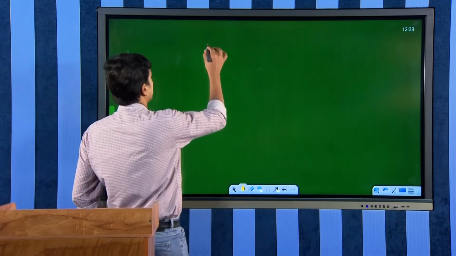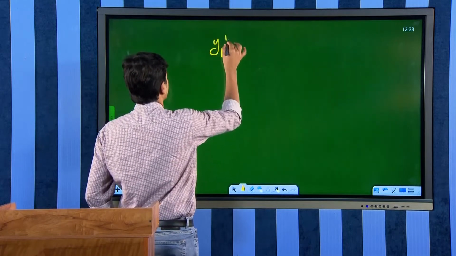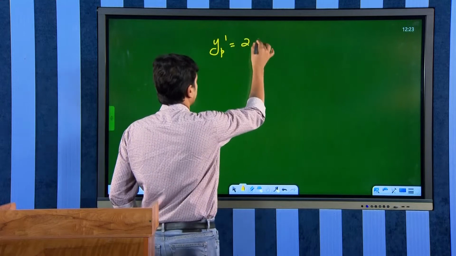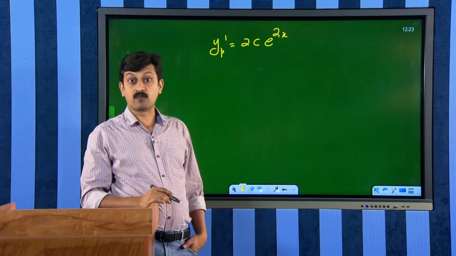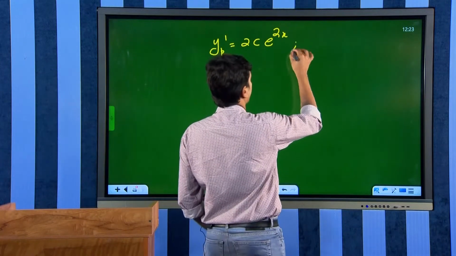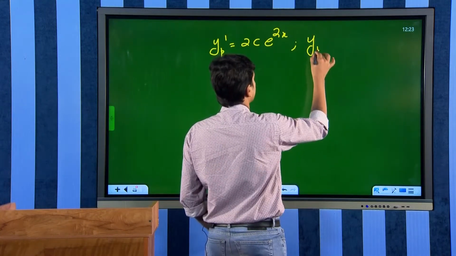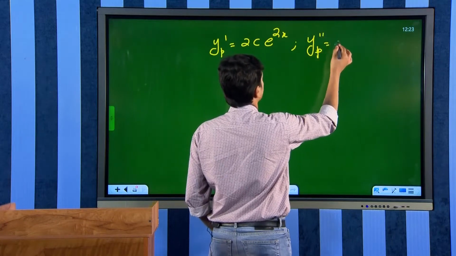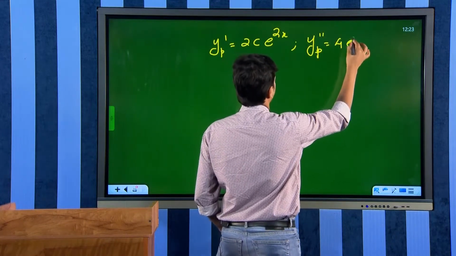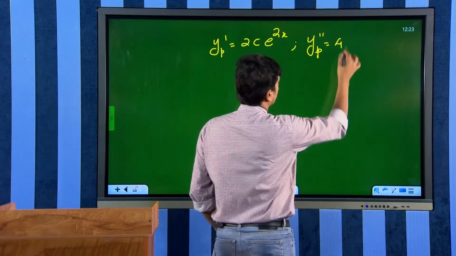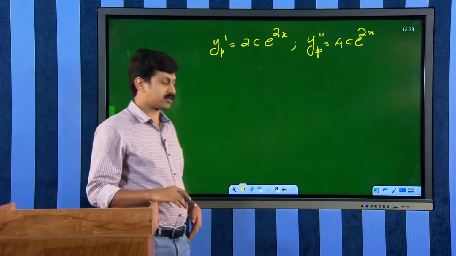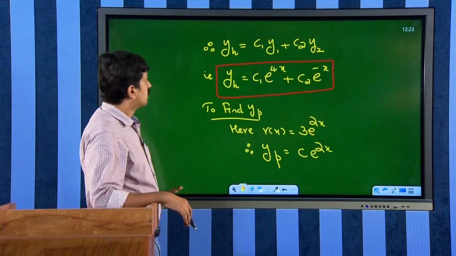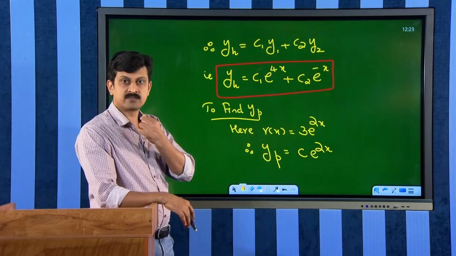So yp dash is equal to 2c e raised to 2x. And yp double dash is equal to 2 into 2, that is 4c e raised to 2x.